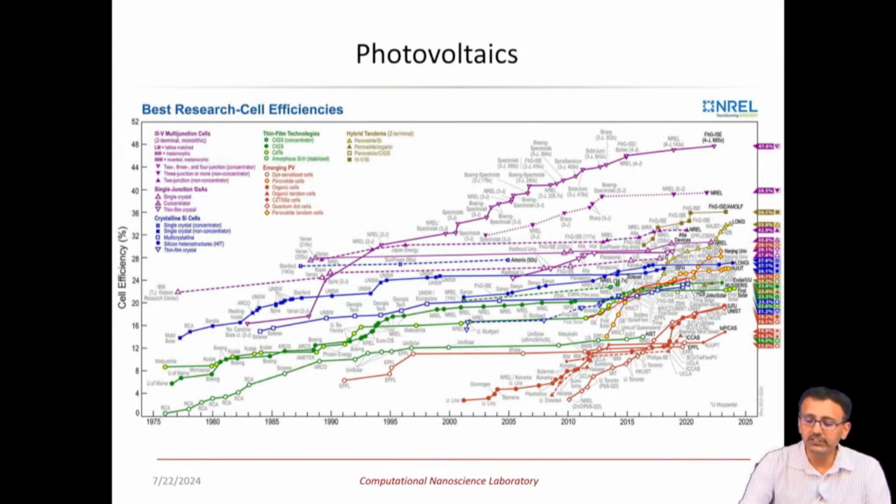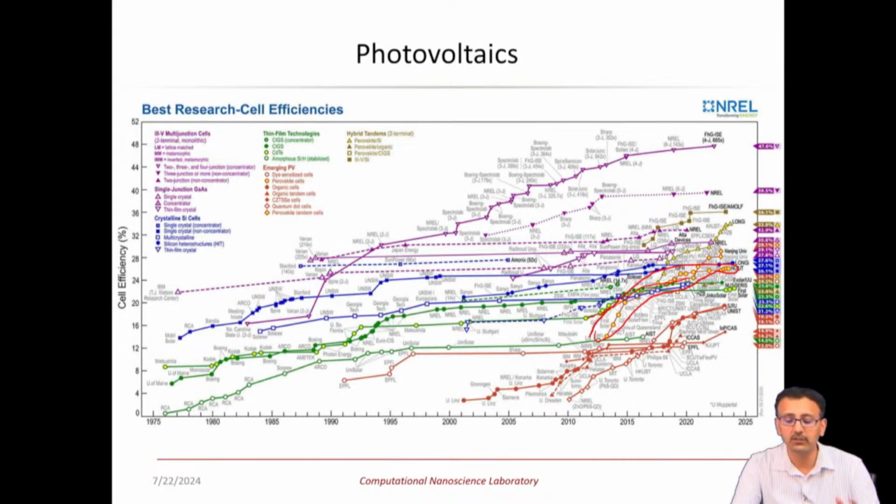There are some emerging technologies on the other hand. For example, the red circles with yellow fill are perovskite solar cells. These are thin film solar cells that we have modeled quite a bit, and I will introduce them in a moment, and organic photovoltaic solar cells.